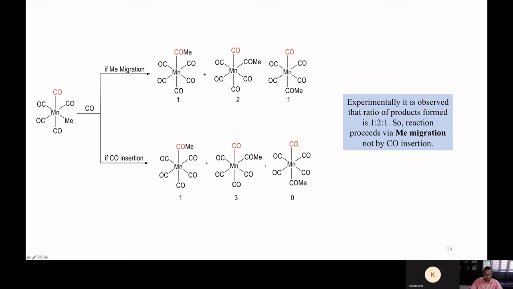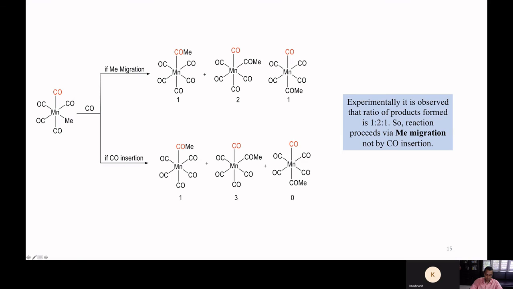If methyl moves to this position or that position, you will essentially get one of these complexes, because both of those complexes will be exactly same. The vacant position of methyl will be taken by CO. So if methyl transfers over there or over there, you will get this complex in the middle, and the vacant position created due to the methyl migration will be taken up by the CO.